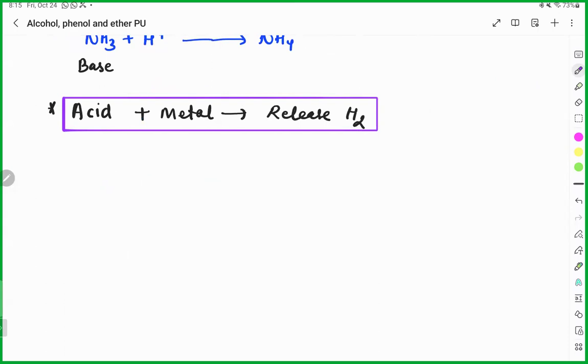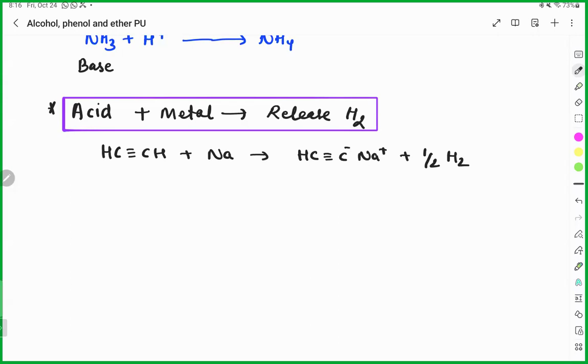Example, Samar, if you take CH triple bond CH and it reacts with sodium, what will happen? It releases H2 and Na2C2. No, we get two NaC≡CH and something, H2, like that. Like both can be produced, one can be produced. So what is happening in this case?